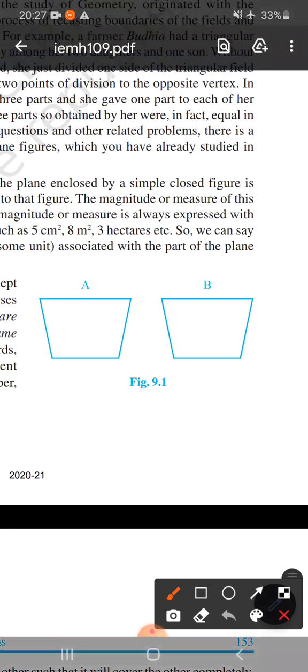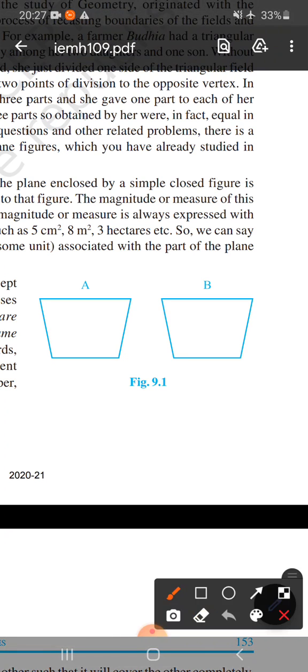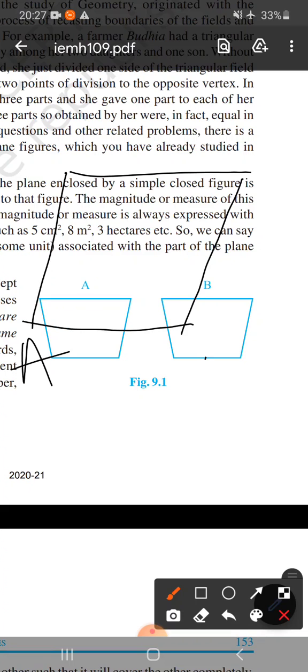Again, let us take an example. Let's suppose I draw a parallelogram, right? Suppose this ABCD is a parallelogram, and we very well know that the diagonal of a parallelogram divides it into two congruent triangles, right?